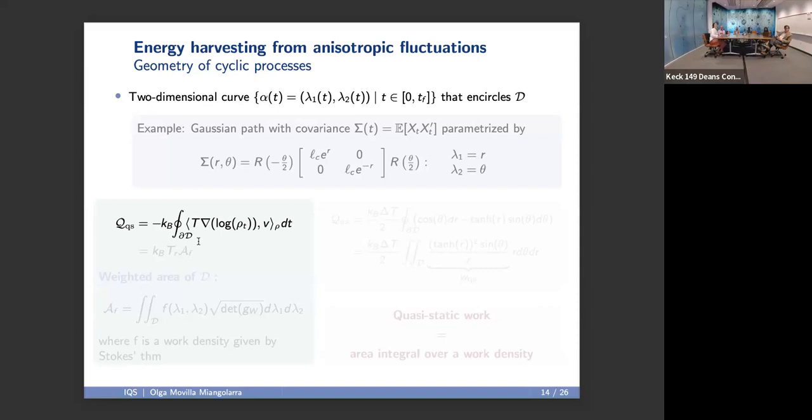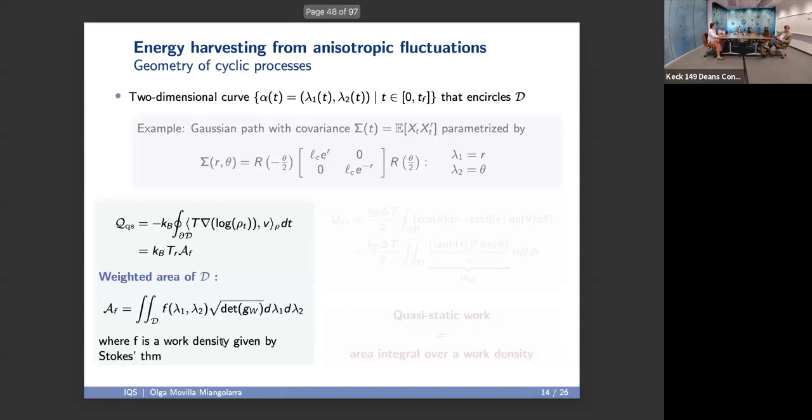Okay, so again, we're going back to our quasi-static heat, and we can write it now as this line integral over the perimeter that we're enclosing. Now, because we have this 2-dimensional parameterization, we can write this line integral as an area integral using Stokes' theorem. So this area integral will be a weighted area.